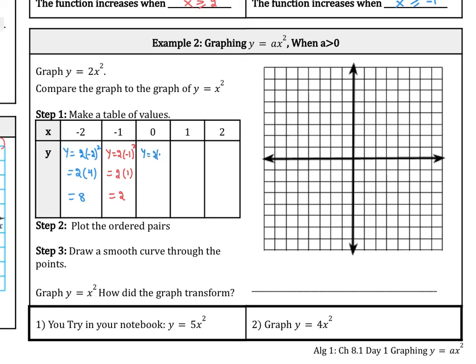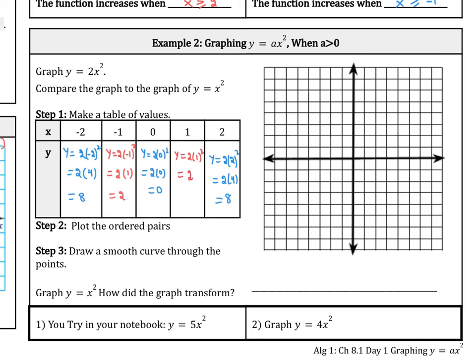So 2 times 0 squared, that is 2 times 0, which is 0. Next, we are going to plug in y equals 2 times 1 squared. 2 times 1 is 2. And the last one is when you put the value 2 for x, so you're going to get 2 times 4, and that's going to be 8.